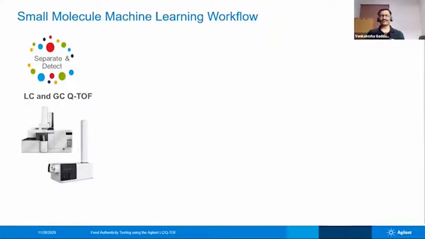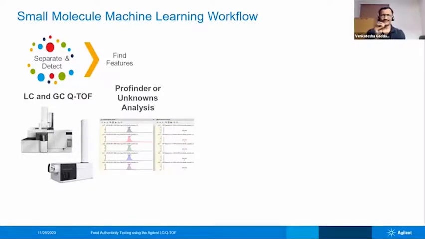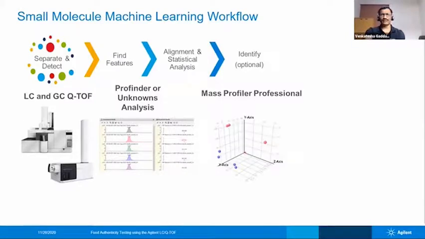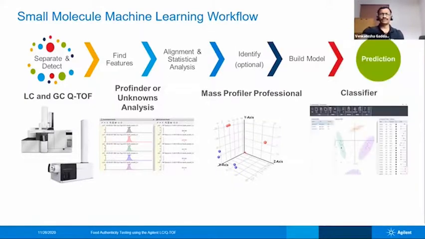As I said, the first step is LC or GC Q-TOF separation using LCMS or GCMS. Finally, find features using Profinder, and Mass Profiler Professional will give you the model to build between the good and bad. Then finally, you use a classifier tool, which is a QC kind of workflow where people don't have to know all the steps, just inject the sample and get the answer.